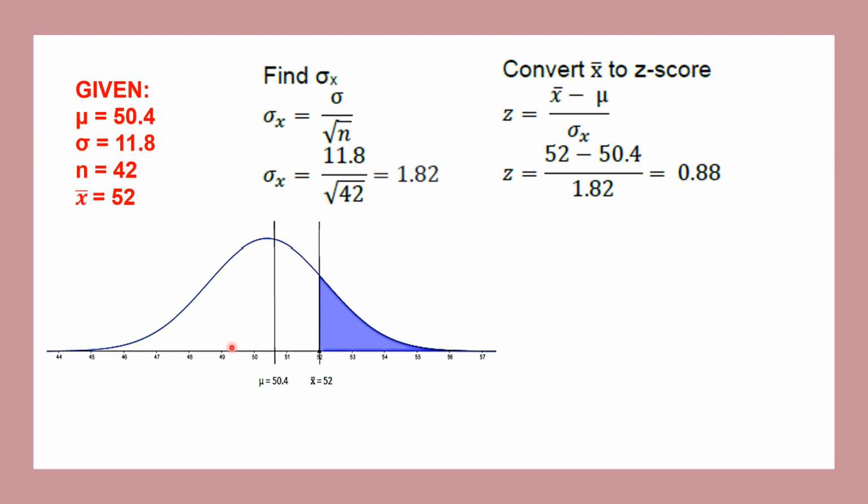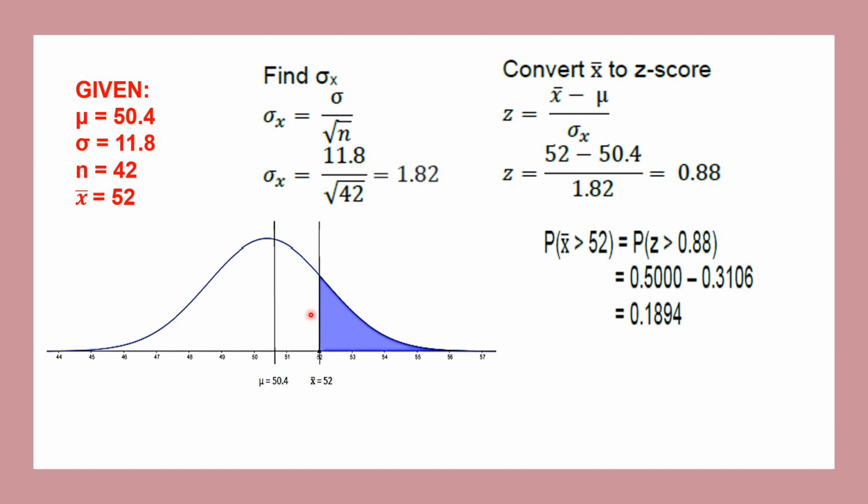Therefore, it's located to the right. So it is located here. And what is the area of 0.88? The area is 0.3106. It's in your z table. So, you know how to locate the area of a z-score.